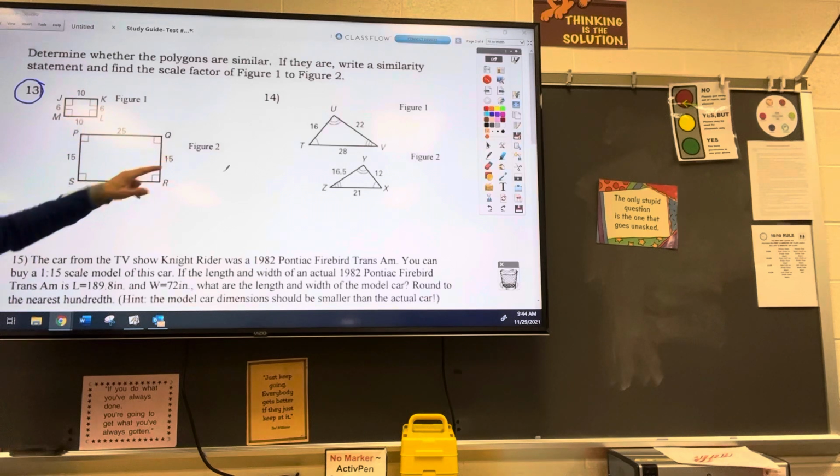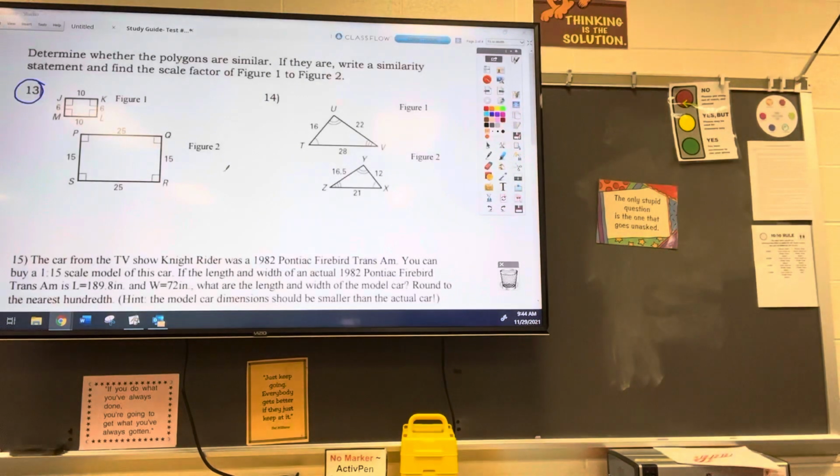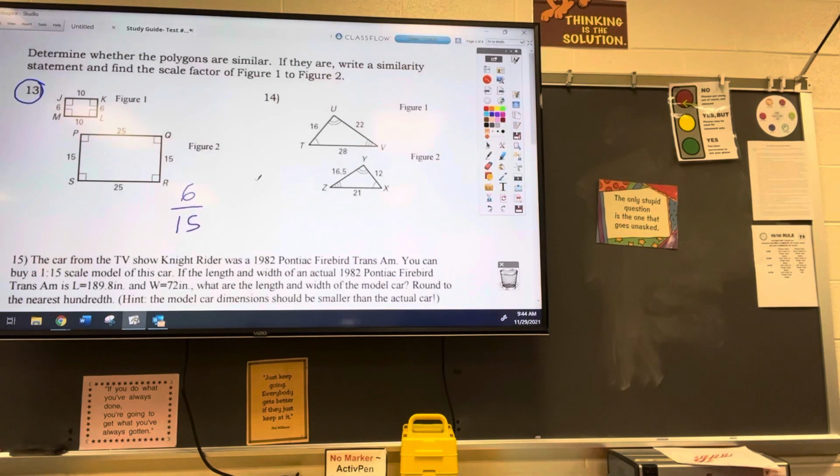Is 6 to 15 the same ratio as 10 to 25? Let's look at the calculator.